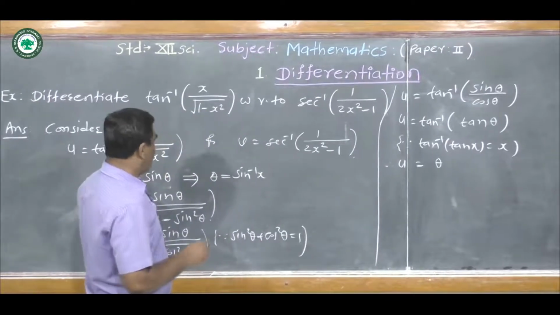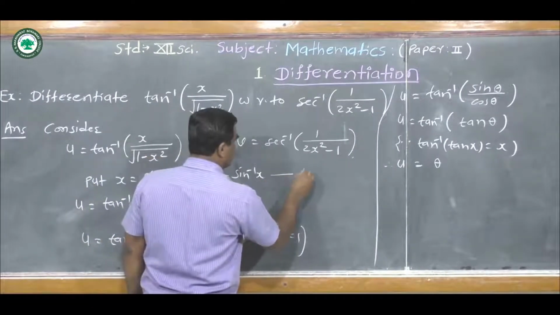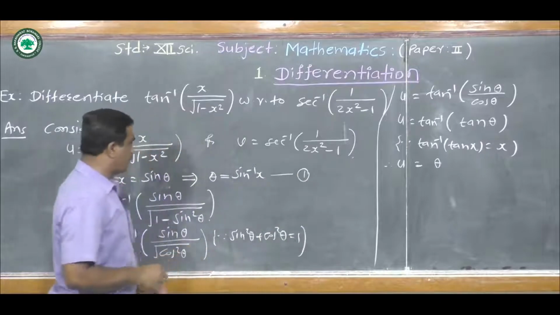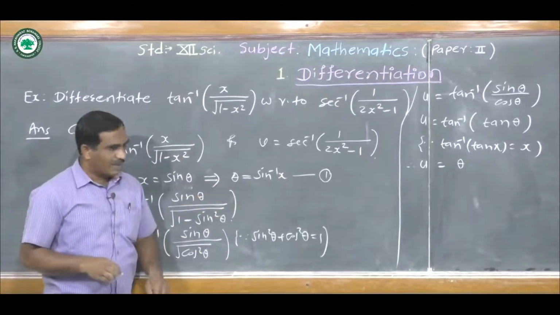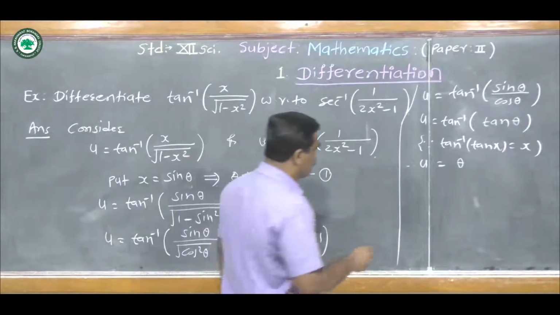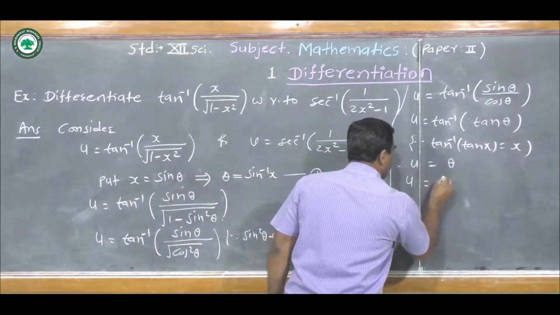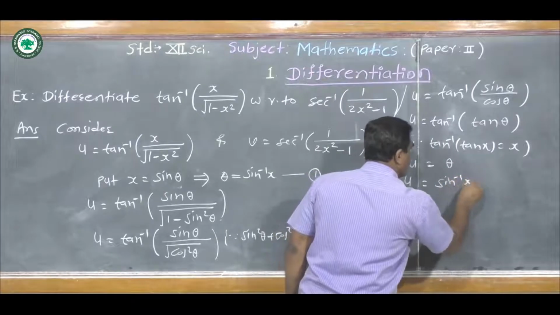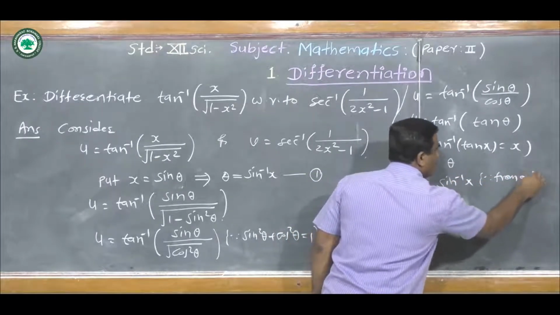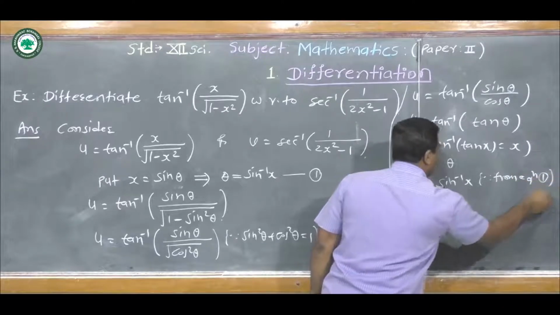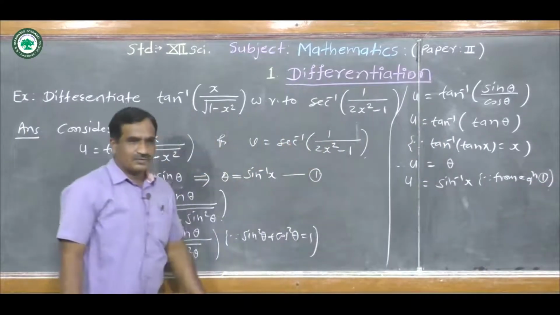Now put the value of theta from equation 1, theta is equal to sin inverse x. U equal to sin inverse of x, since from equation 1. Okay.